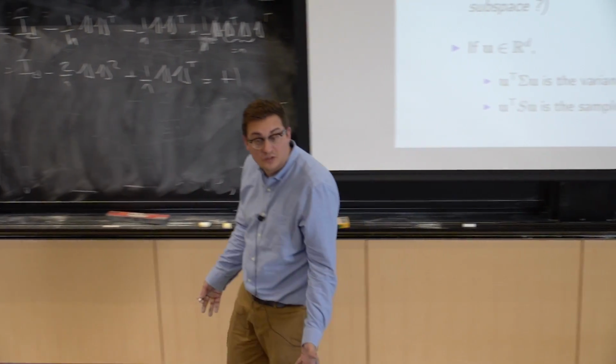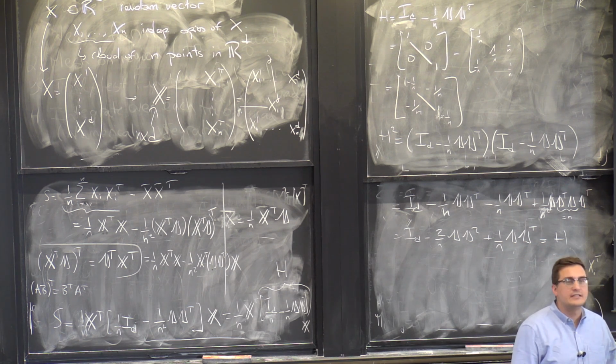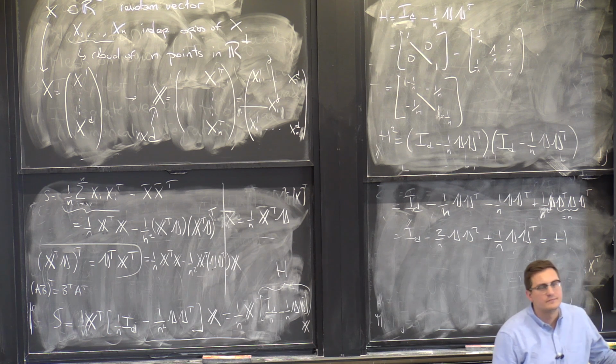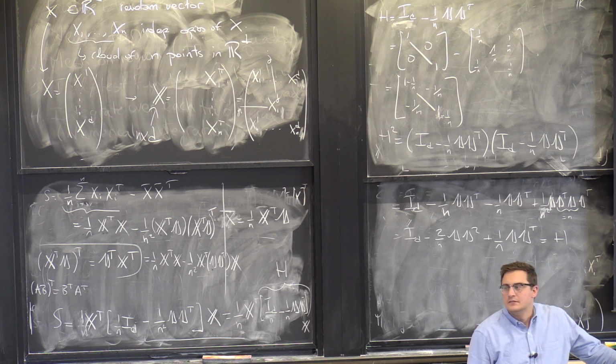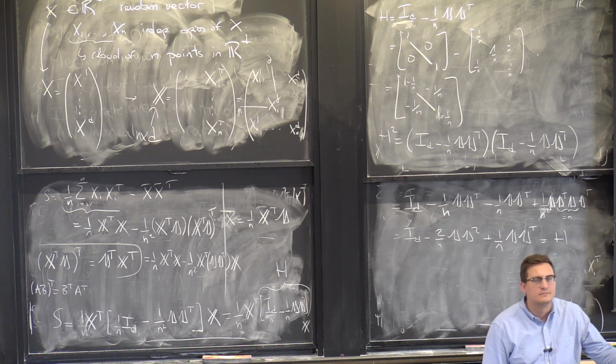It's projecting onto some linear space. It's taking a vector, and it's projecting onto a certain space of vectors. What is this space? I'm only asking this question in words: how would you describe the vectors onto which this matrix is projecting?